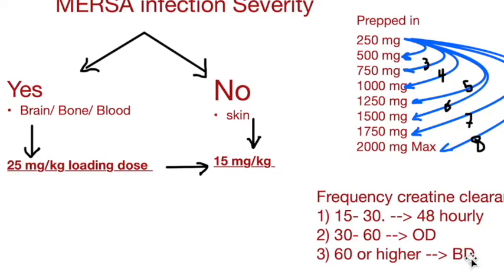His kidneys are good. But let's say it's in the trouble area of 30 to 60. His kidneys, you know what? He's not doing the best that he could do. Don't give the drug too much. Maybe just give him once a day. And if the kidneys are really bad and the creatinine clearance is not enough, it's between 15 to 30, dude, the kidneys are toast.